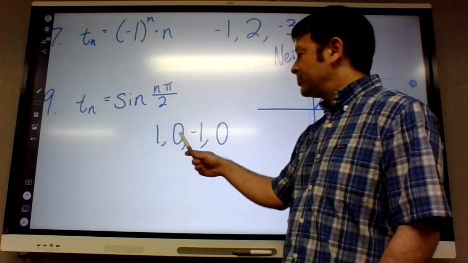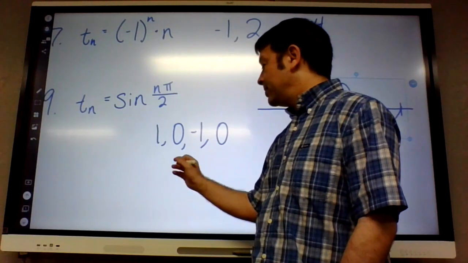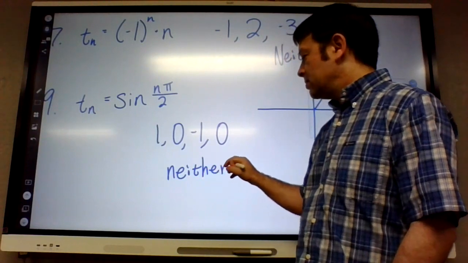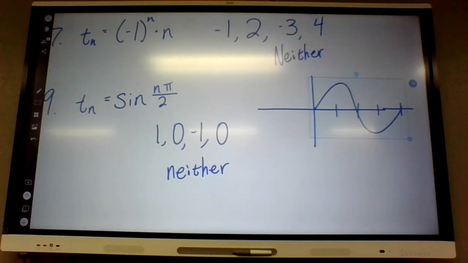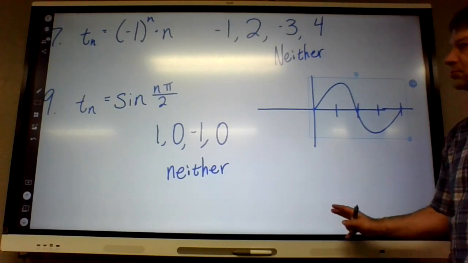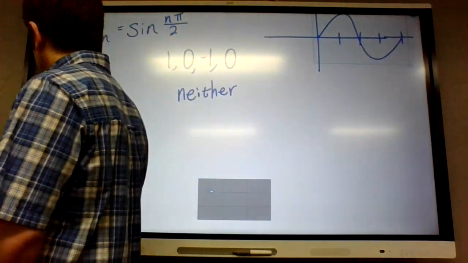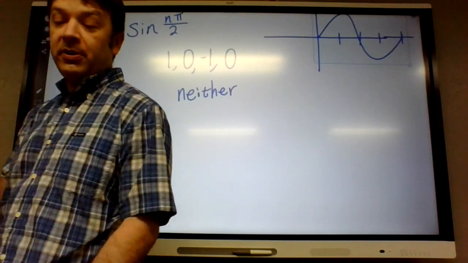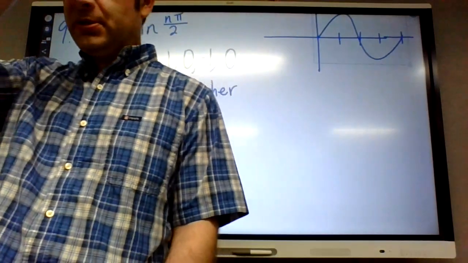The pattern is like 1, 0, -1, 0, but it's not adding the same value or anything, so it's neither. But yeah, so on number 10, you'll want to change your calculator into radians to do that one.